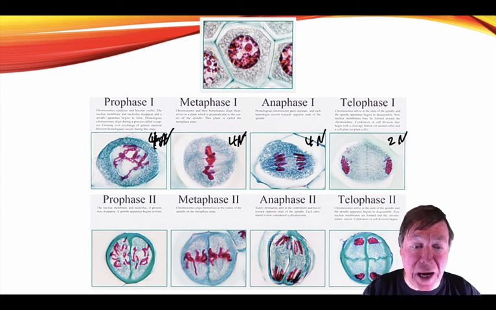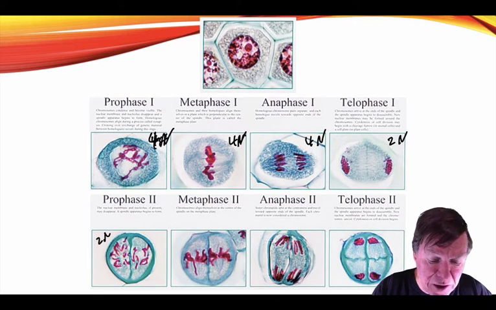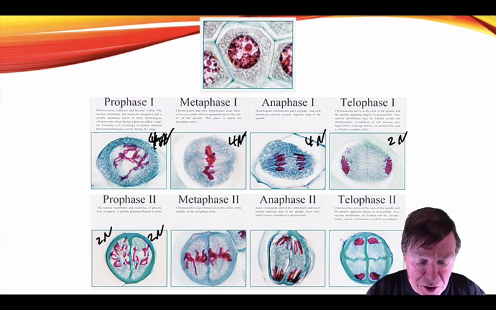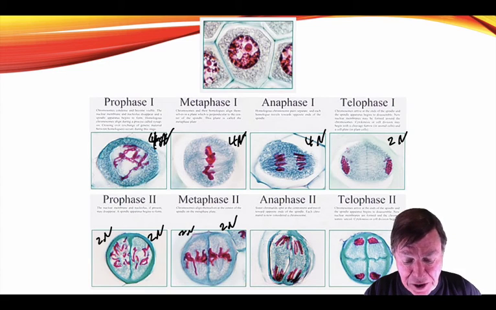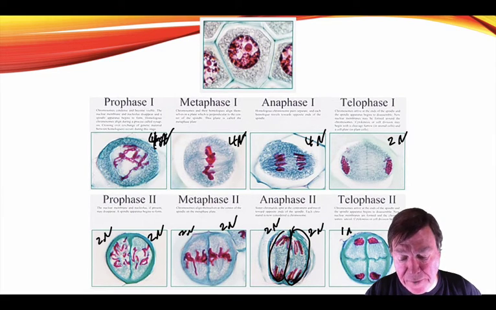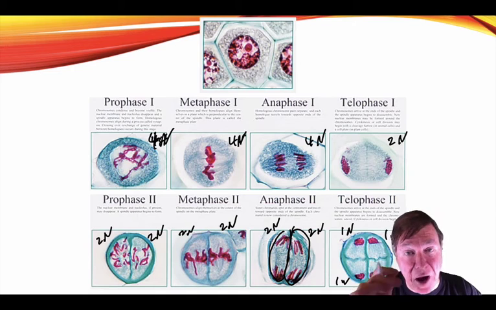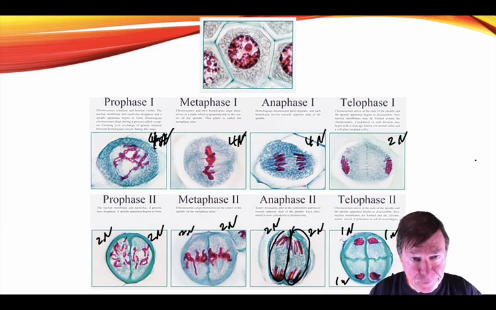We don't replicate the DNA, so each of these is 2N. Not replicating the DNA, we go through prophase, still 2N. Each of these is 2N, 1 cell here, 1 cell here, 2N, 2N. But now we get down to 1N, 1N, 1N, 1N. We've cut it in half. And it should be that every one of those is just a little bit genetically different.